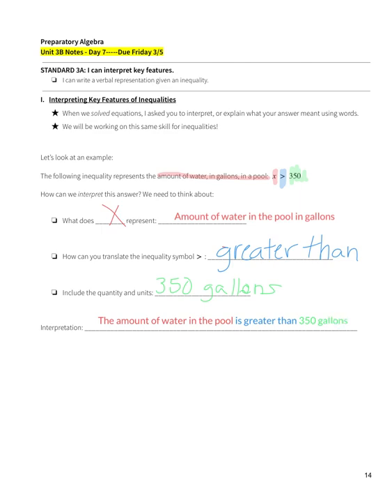So we've taken this sentence that was written as an inequality and broken it up to describe what it means. X, the amount of water in the pool. Greater than symbol. 350 represents 350 gallons, so the amount of water in the pool is greater than 350 gallons. Let's move on to the next problem.